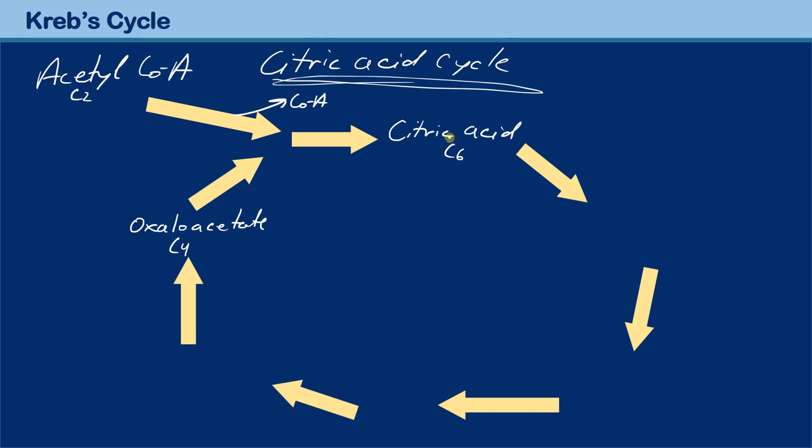Now the point of the Krebs cycle is to completely break down the 2 carbons that we've added to release energy. In this first step we're going from a C6 to a C5 substance. What do we have to do to go from a C6 to a C5 substance, and to get energy out?